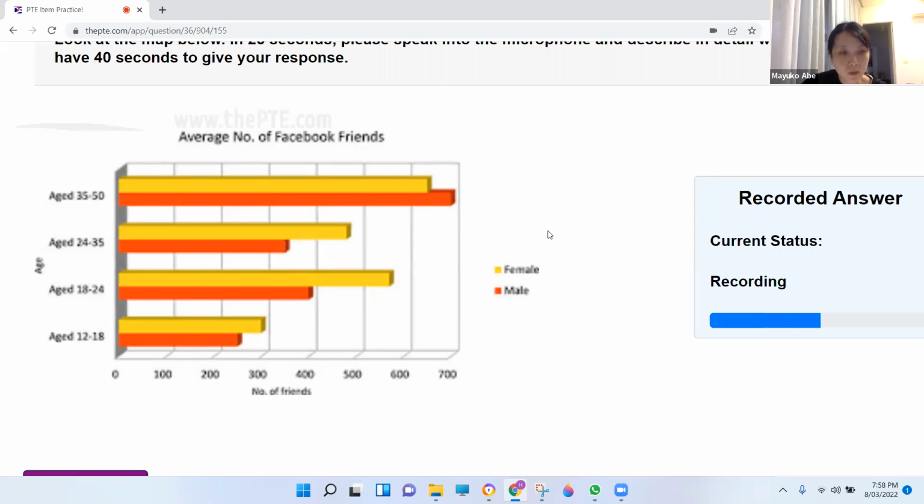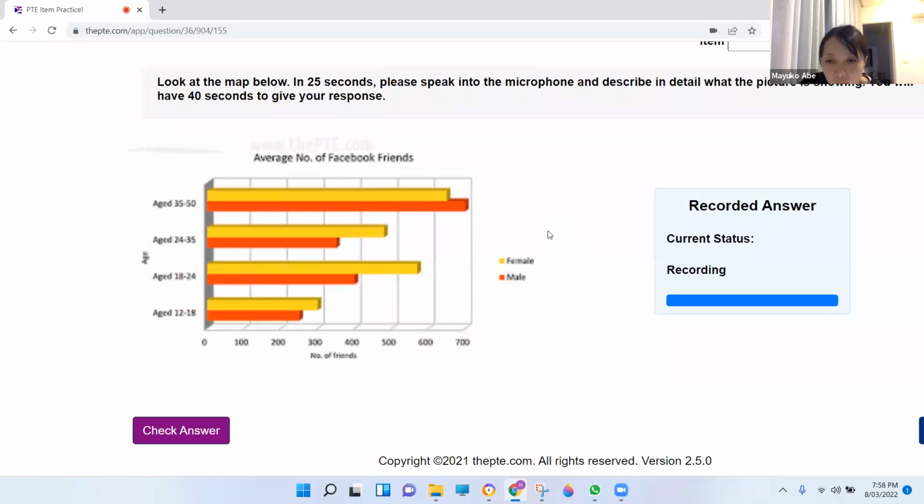It's clear from the imaging that age 35 to 50 is the highest. On the other hand, age 24 to 35 is the least. Finally, by reviewing the imaging, it can be concluded the picture is showing important information based on the fact and figures having a significant effect.